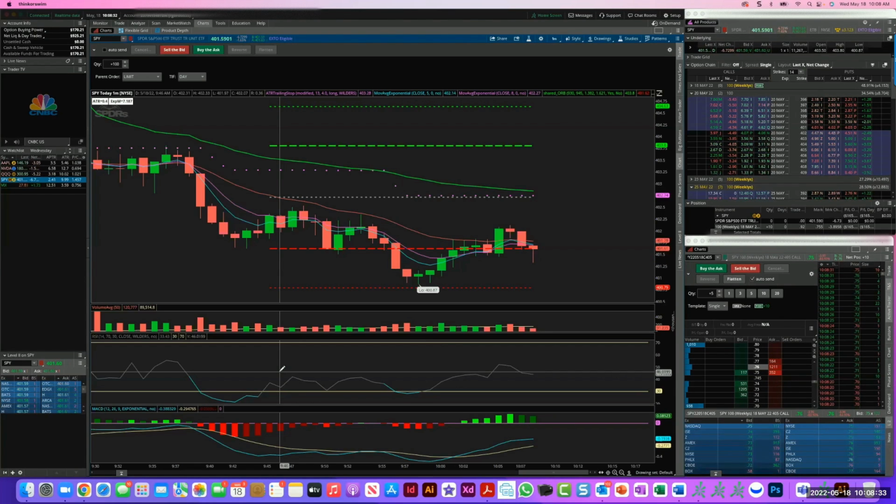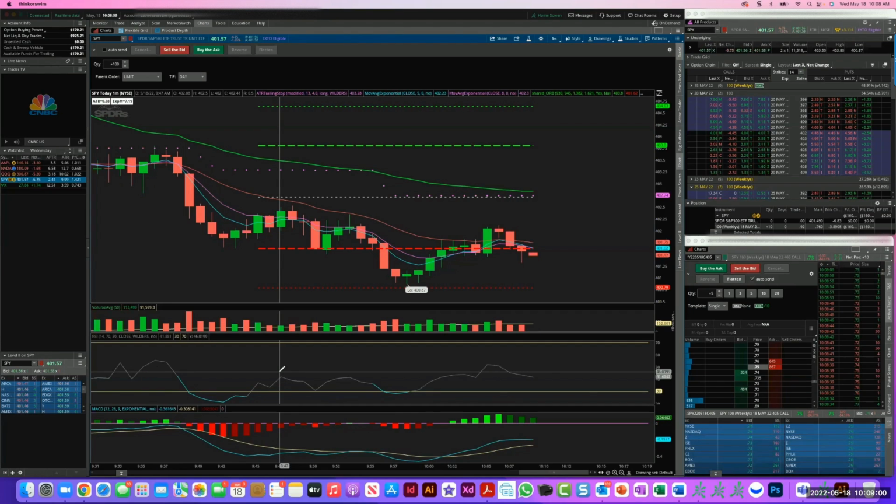So I'm looking at a doji on the VIX at the top of this move here. And what looks to be a hanging man that's forming. So that would signal a reversal. But there's still a minute, 10 seconds for that candle to close. All right, so we're back down on the SPY.